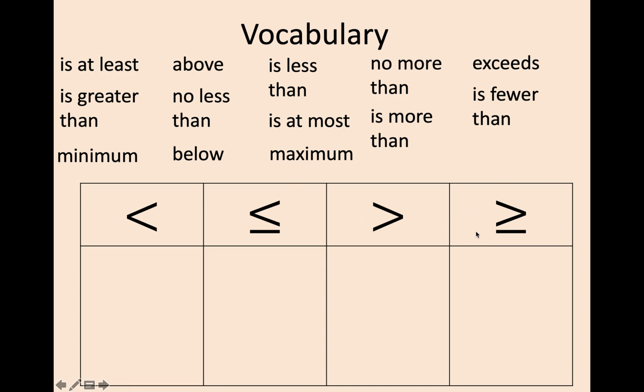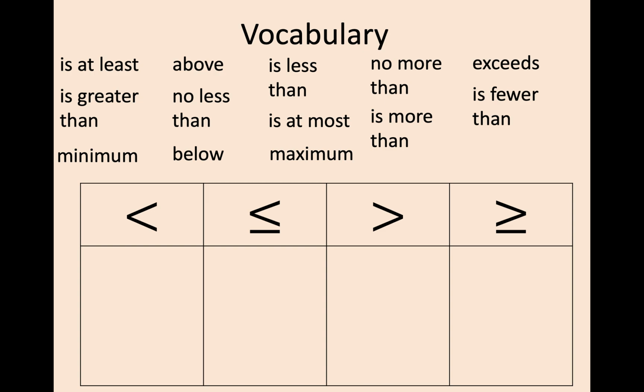But we have a lot more words that actually show these variables. So at least. I like to think of is at least for being like an age or a height that you need to do something. So you need to be at least 16 in order to get an official driver's license, a real driver's license in Indiana, not a learner's permit.